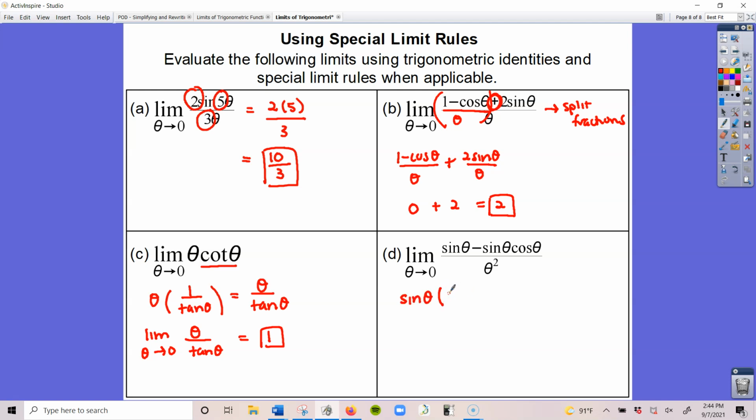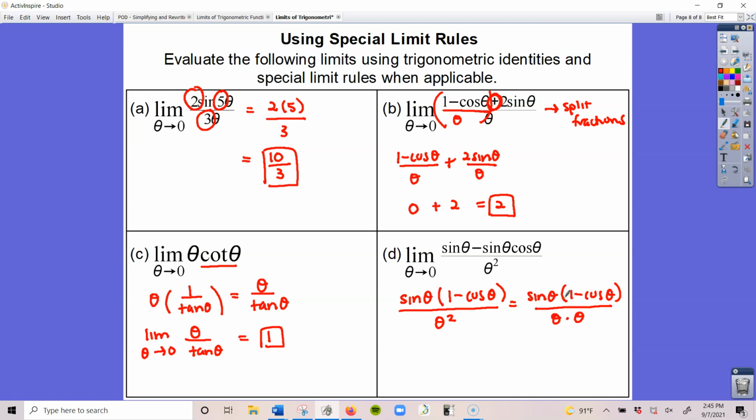And that would leave me with 1 minus cosine theta, and everything is over theta squared. Now I want to rewrite this so that I can apply my special limits. Theta squared is the same thing as theta times theta. So I can rewrite this denominator as theta times theta.